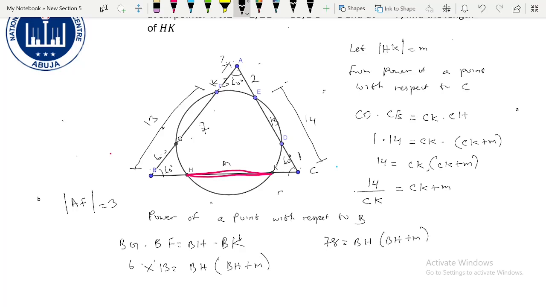And we have that 14 equals CK into CK plus M. Then we also know that BH plus HK plus CK has to equal 16. HK is M, so BH plus CK plus M equals 16.